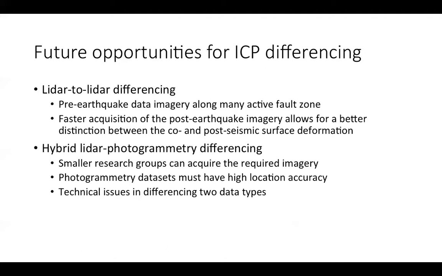They can then go and re-image at a later date. There are two large challenges. First is that you need to have good location accuracy. So it's important to have good differential GPS survey of the photogrammetry area. And then there's going to be technical issues in differencing two different data types.